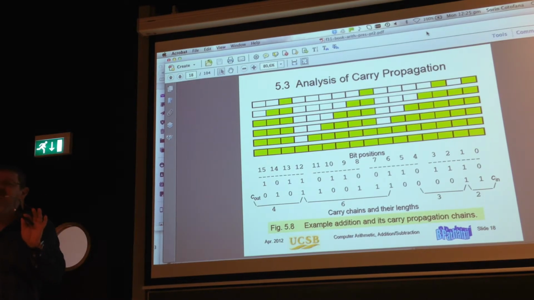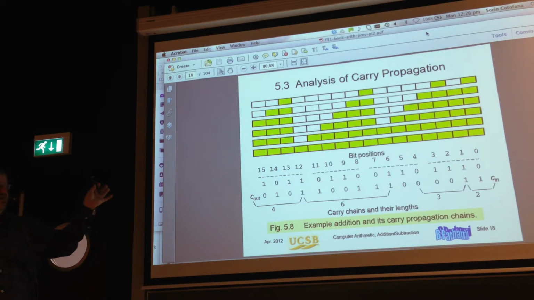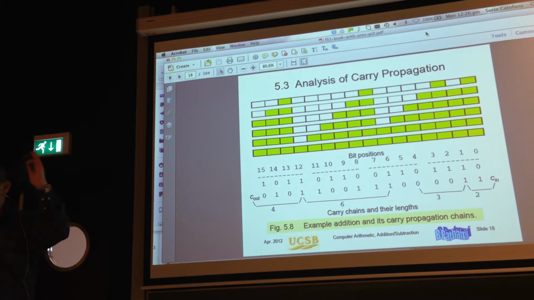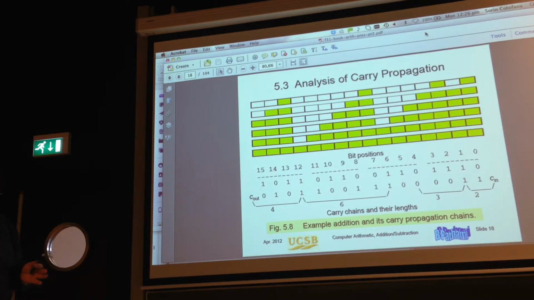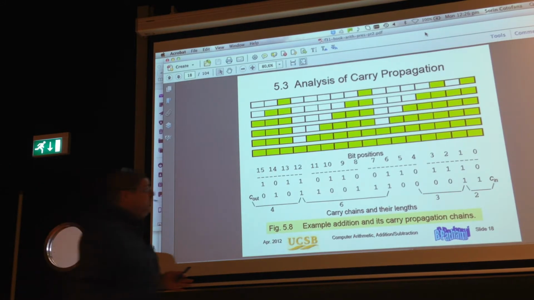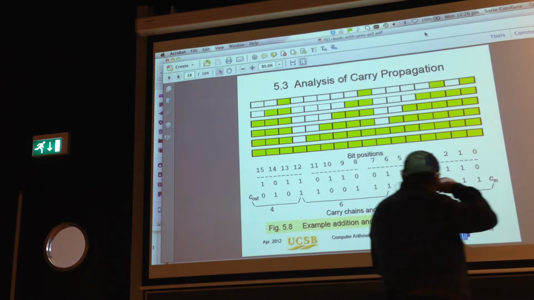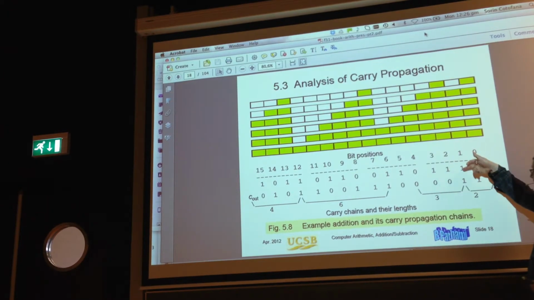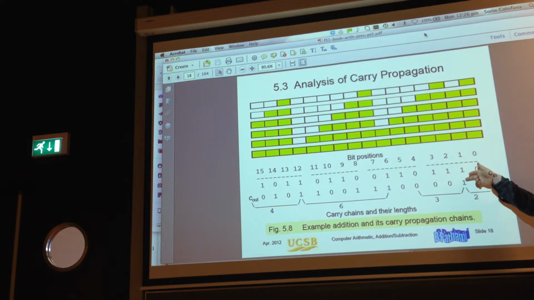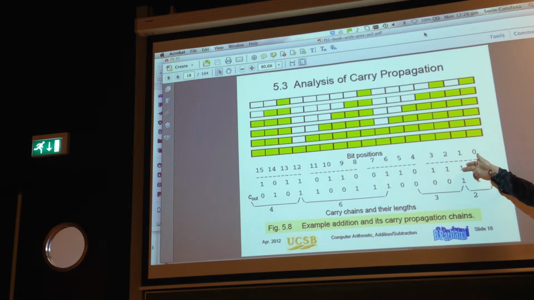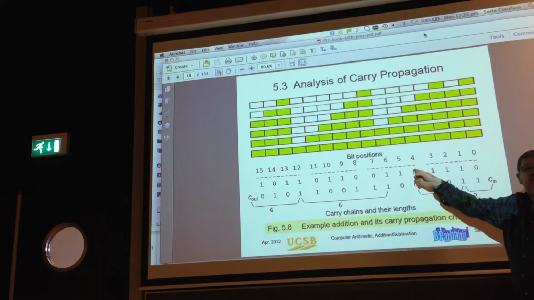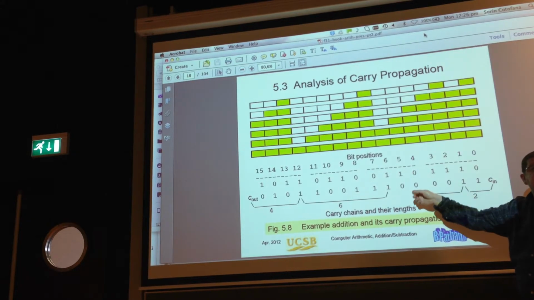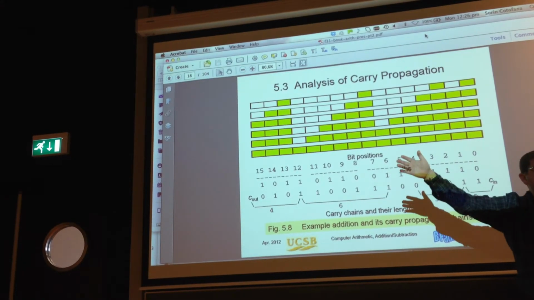It's similar to what I told you some slides ago, that carries may appear, propagate, and eventually die. Here you have carries appearing in this position, and here I have a 1-1. Certainly I will get a carry, which will travel for a while, but will be absorbed here, because here I have a 0-0 and it cannot go further.